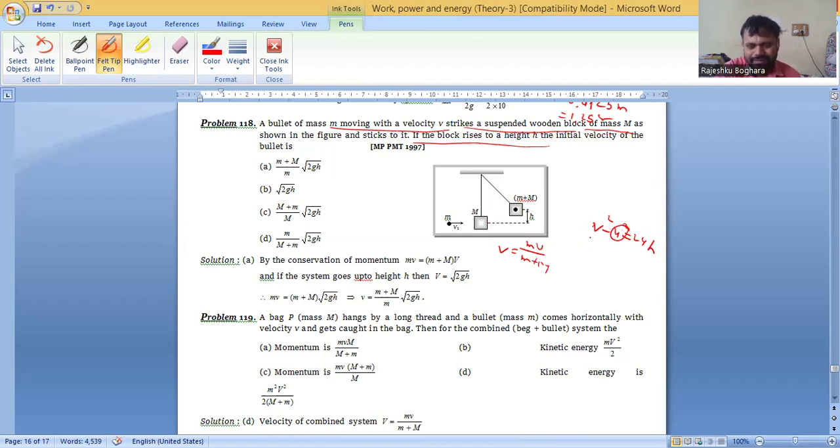So here v is equal to under root 2gh. This value we put in this equation, so under root 2gh is equal to mv upon small m plus capital M. Now take v as the subject. So v is equal to (m plus capital M) divided by m, under root 2gh. So this answer will come.